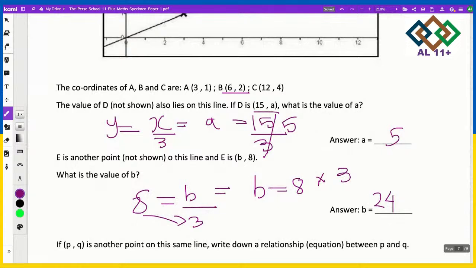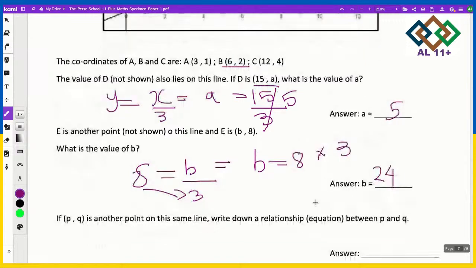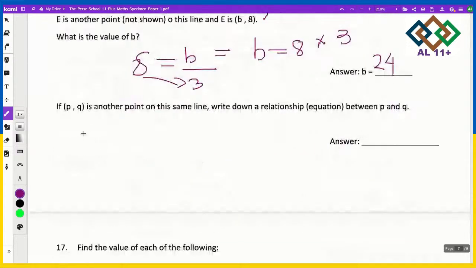And the last one they are telling you is if P and Q is another point on the same line, write down the relationship equation between P and Q. So now you have P and Q. In this one, you will do Q equals P by 3.